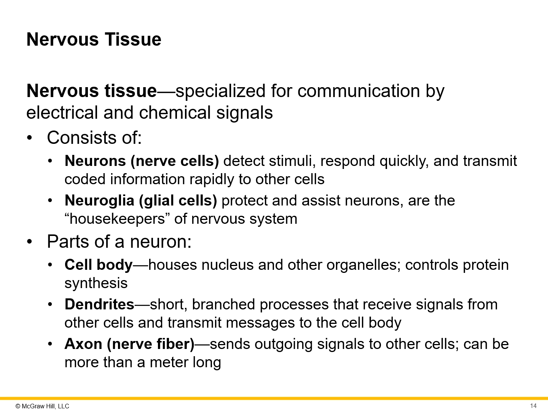They will then transmit that message down to the cell body. And then there is one large projection that will send the signal that the neuron received to other cells. That is called the axon, and it can be more than a meter long.